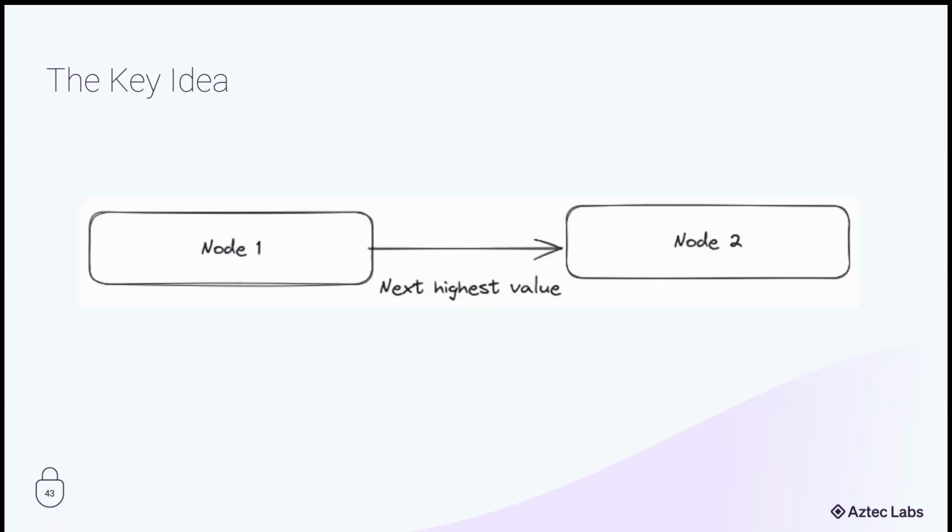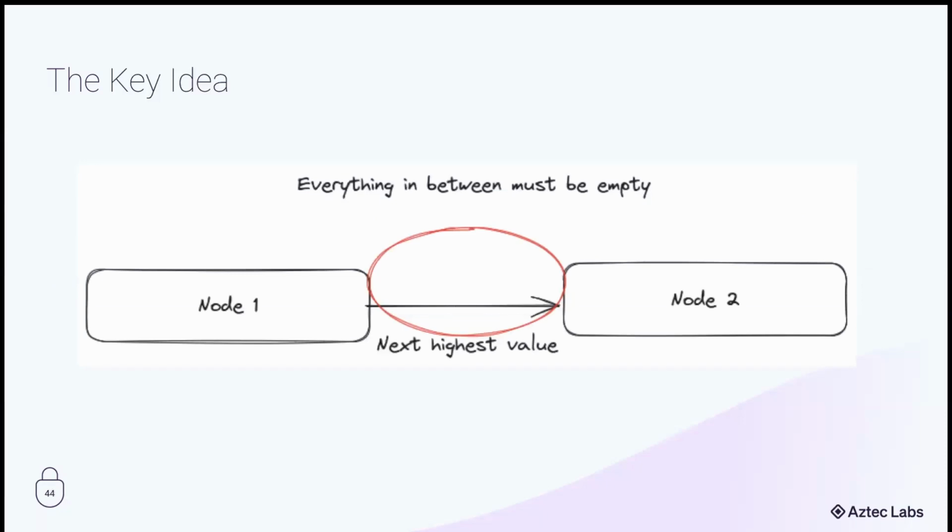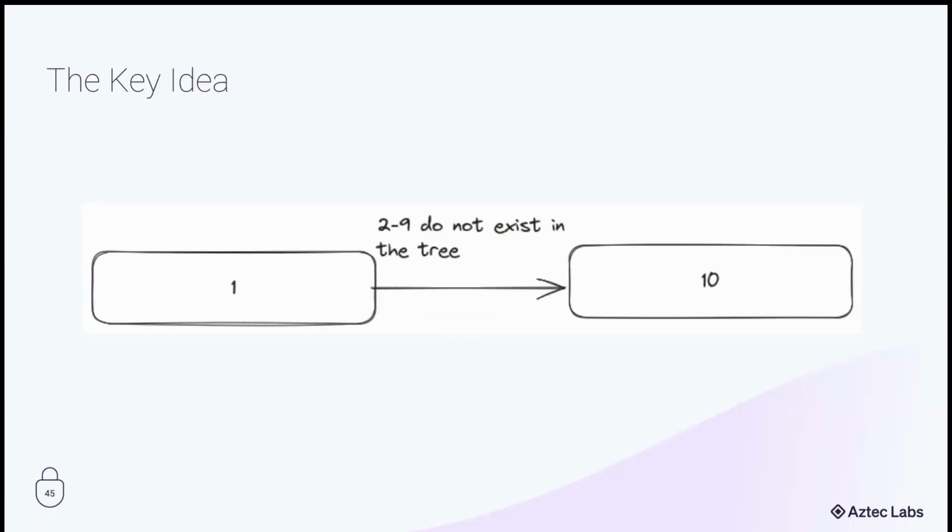So if we have a linked list of sorted nodes, and node 1 is pointing to node 2, which is its successor, the next highest value, the smallest higher value essentially. When you have this link, it means that if node 1 is pointing to node 2, you know that there's nothing in between them. So if we have actual values, say 1 and 10, then we know that there's nothing in between. So 2 to 9 don't exist in this tree at all.